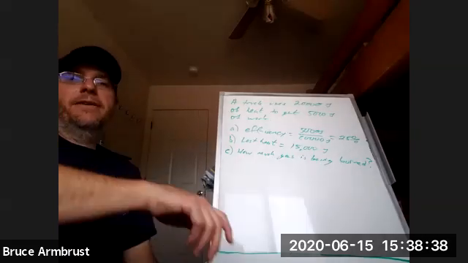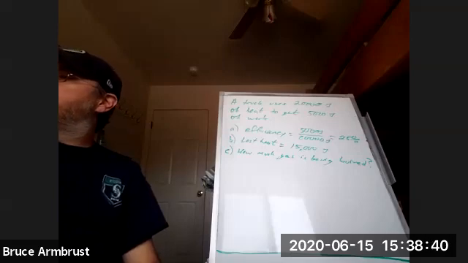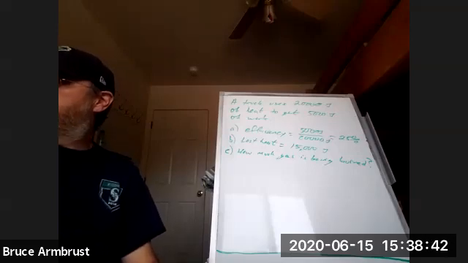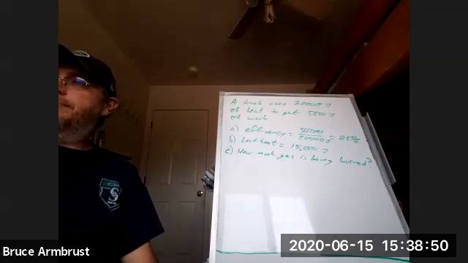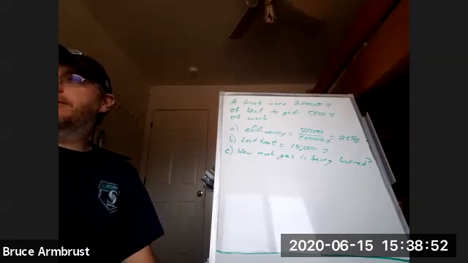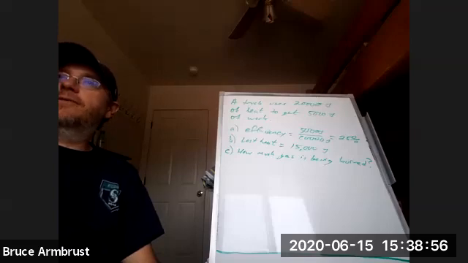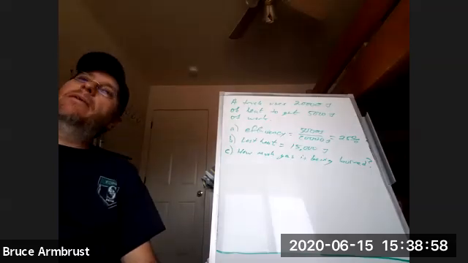So let's think about this. What do you need to know in order to calculate that? And I'll leave this open to you guys. What kind of number would you need to know in order to figure out how much gas gets burned?